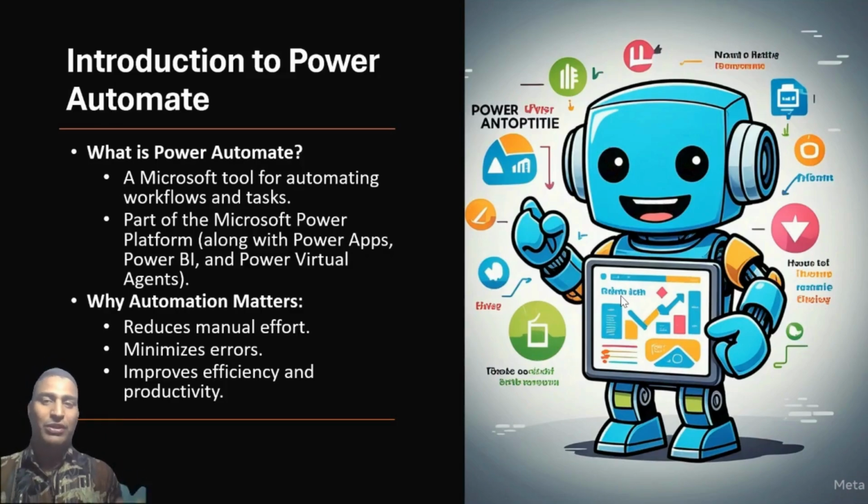Before starting the licensing part, we first try to understand what Power Automate is. As you can see on the screen, Power Automate is a tool used for the automation of any work. It might be your tasks or your workflows. If you want to connect with multiple systems, for example Oracle, SAP, or Salesforce CRM, that is integration.